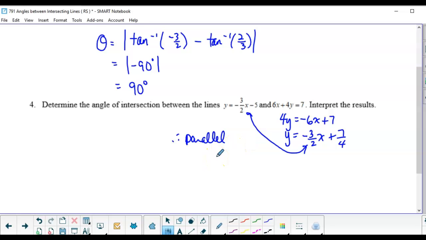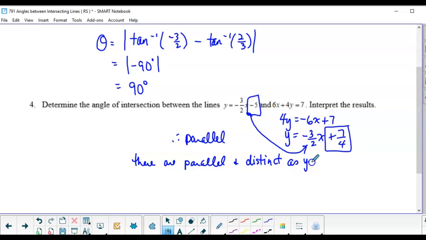Are they parallel in what we call distinct, separate? So coincident or distinct. Well, if they are distinct, then this would be different from this, which it is. So these are what we call parallel and distinct. Distinct as the y-intercepts are different.